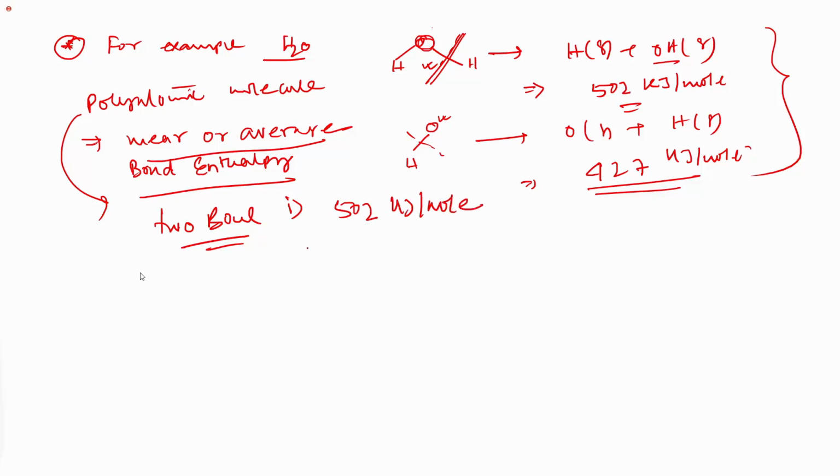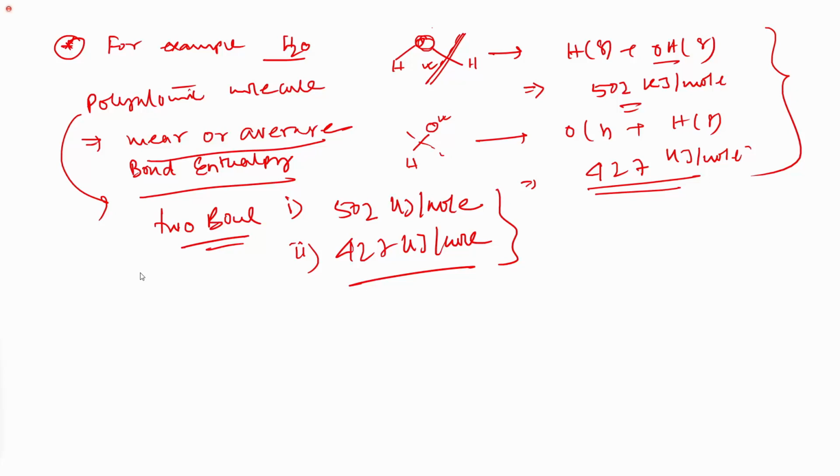And for the second OH bond, we need 427 kilojoule per mole. So these are different values for the bond enthalpy. We cannot say the bond enthalpy of the water molecule is 502 kilojoule per mole and 427 kilojoule per mole, because these two values are different.